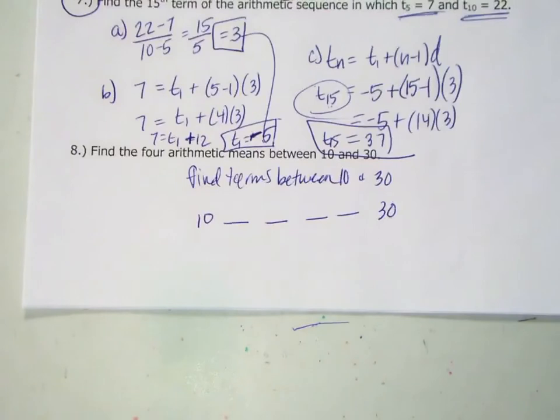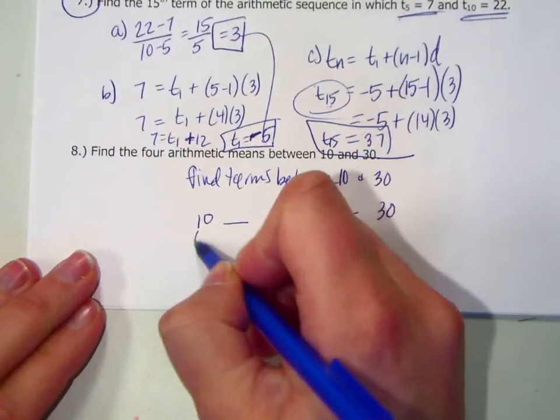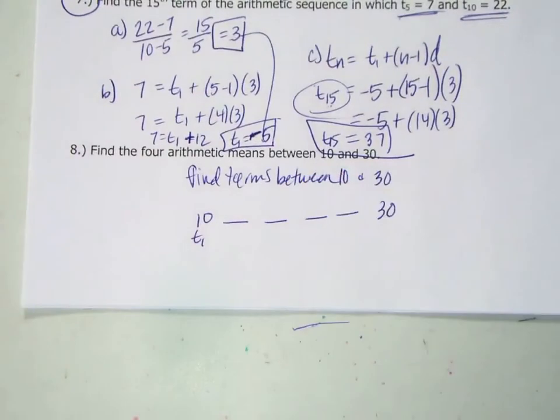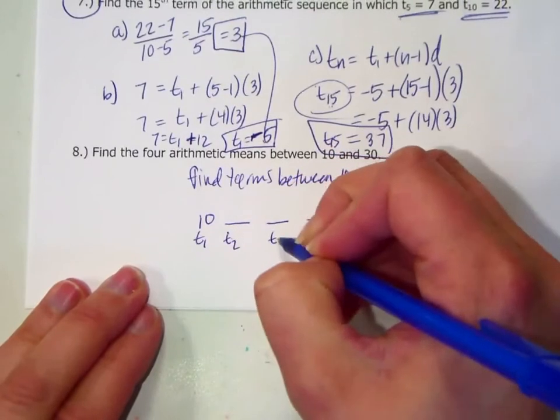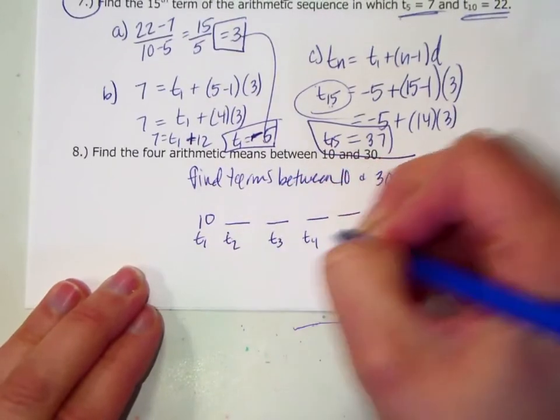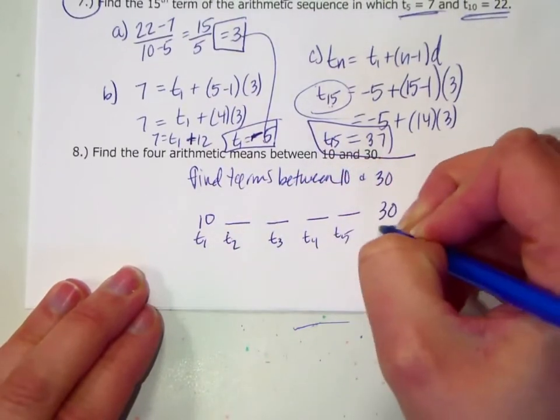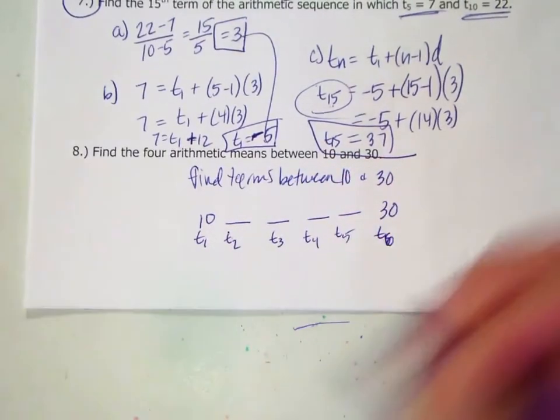You're not going to be given any more than like 5 or 6 max in between, so it's not going to be a big deal, but you definitely want to lay this out and get a good idea on what we're looking at. So, let's let 10 be the first term. And then label these blanks. So the second term, third term, fourth term, fifth term. That would make 30 the 6th term.